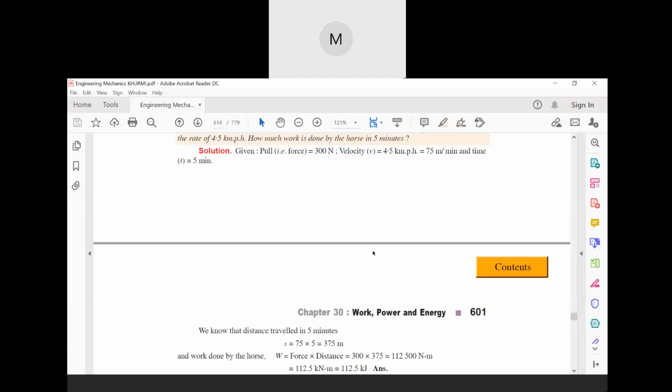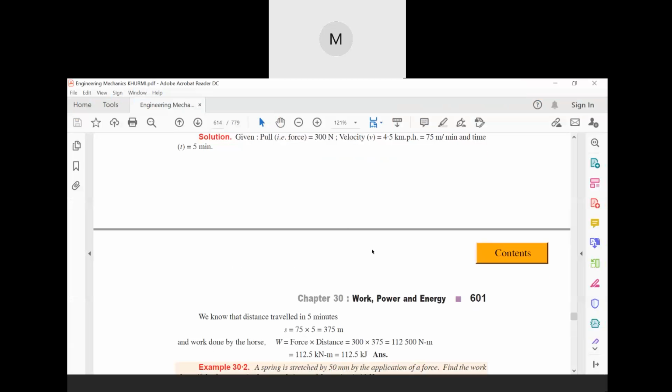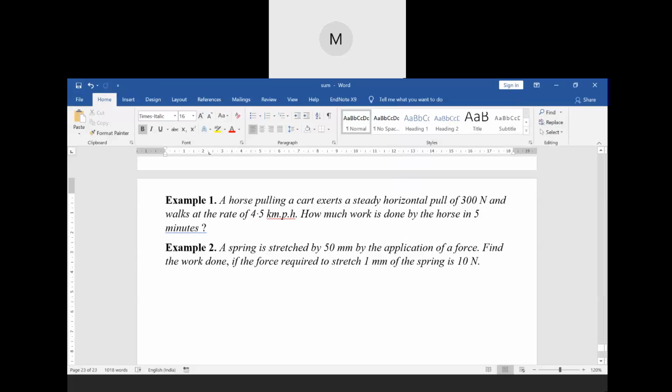So the answer is this one. Most people got it correctly. Very good, well done. Is it clear for everyone? The numerical is clear for everyone, I think. Now we'll go to the next numerical. Again, try to do it. I'll give you some time and then we'll discuss at the end.